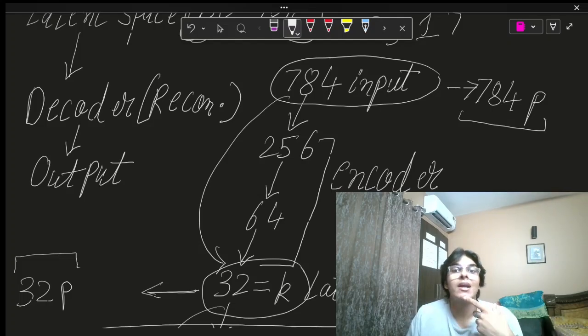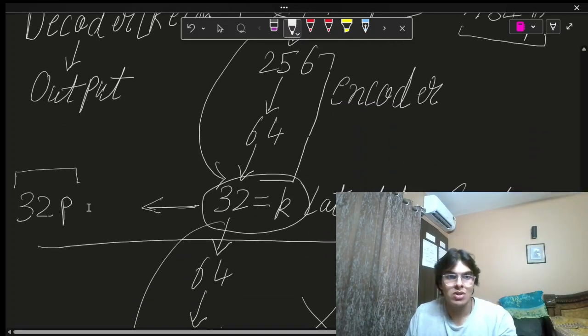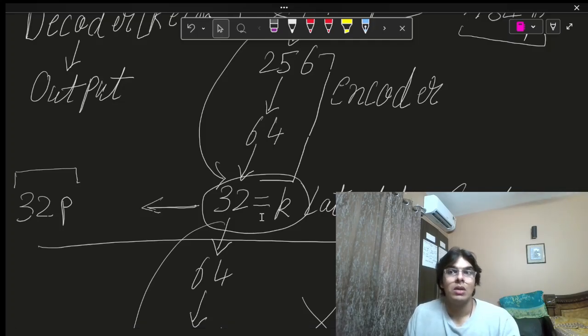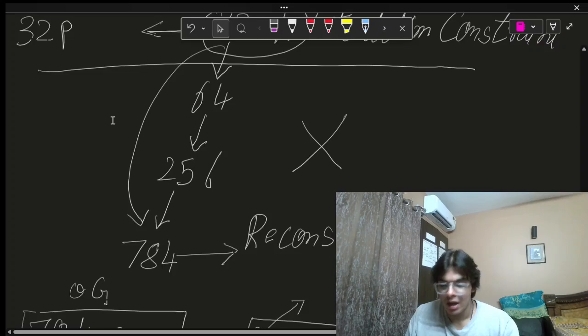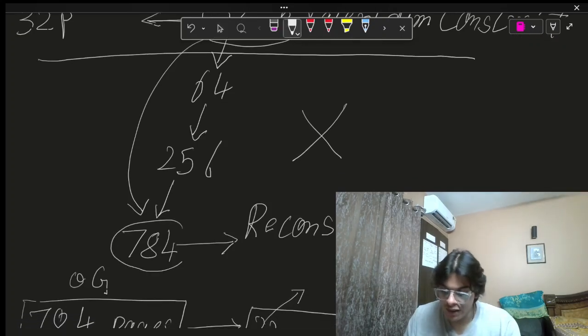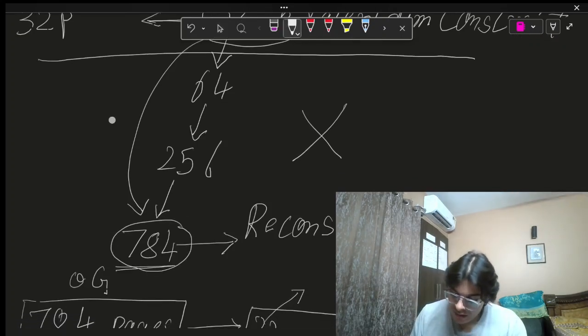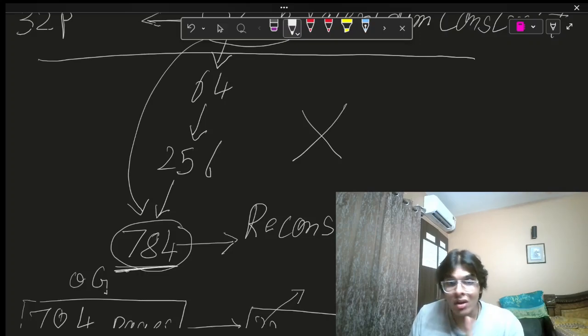So how do we compare our results? How do we say that, yeah, we got a good output? We take this 32 pixel image, because these 32 pixels contain the most important values. It contains the heaviest of the concepts, the best underlying patterns in the pixels, and using these 32 pixels itself, we convert it back to the 784. So the number of pixels is now the same. These are not the same pixels, just the number of pixels is the same.